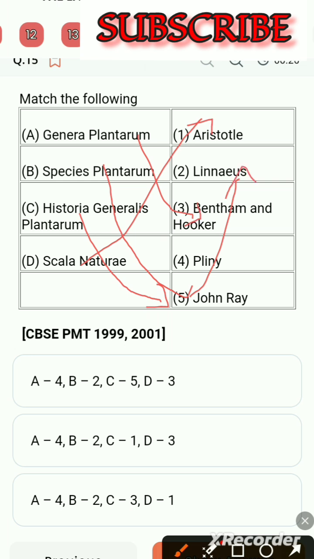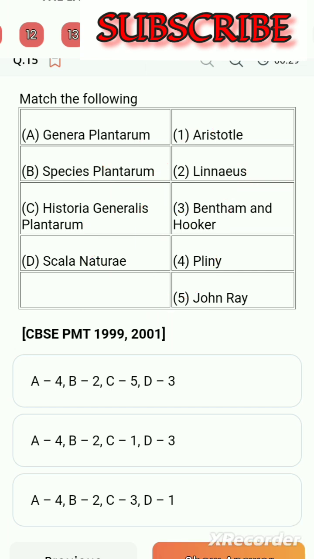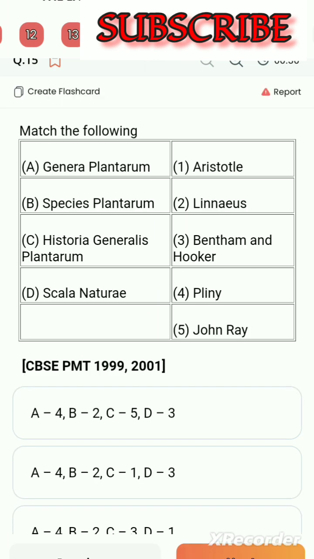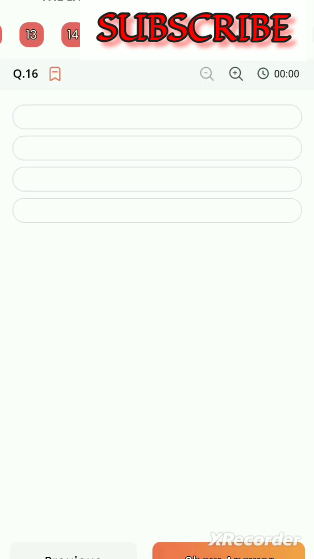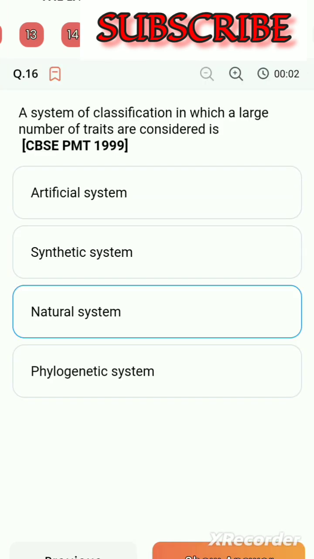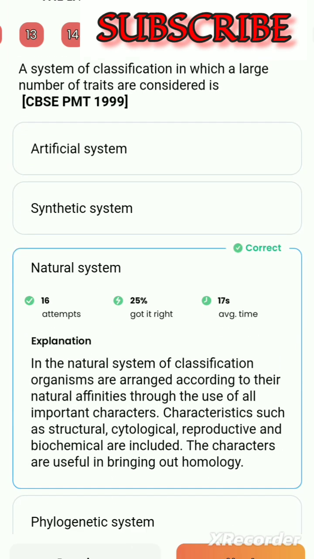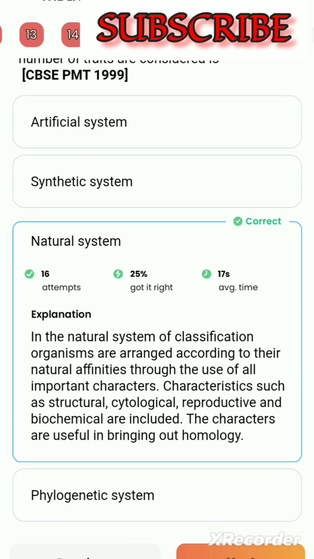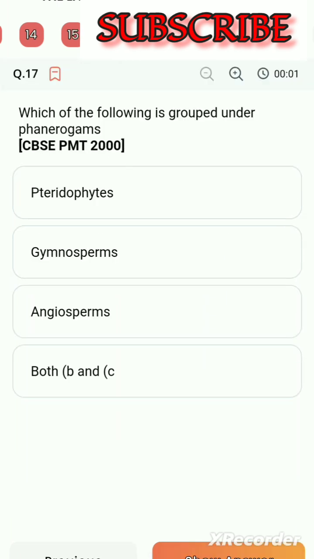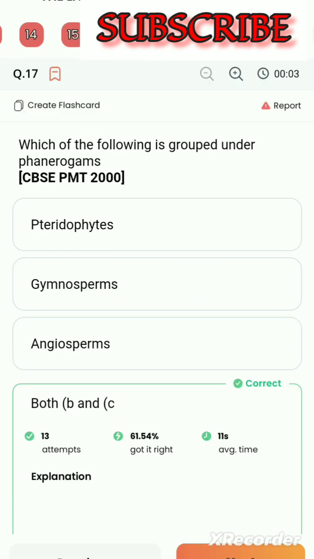Question number 16, a system of classification in which a large number of traits are considered is the natural system. Here they include structural, cytological, reproductive and biochemical traits. All are included for the classification. Question number 17, which of the following is grouped under phanerogams?